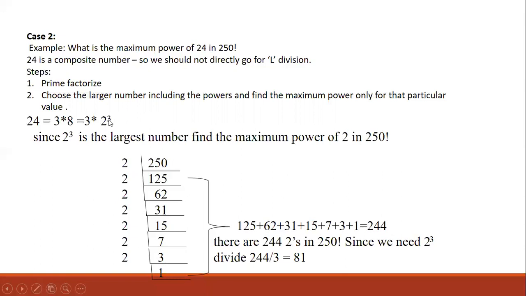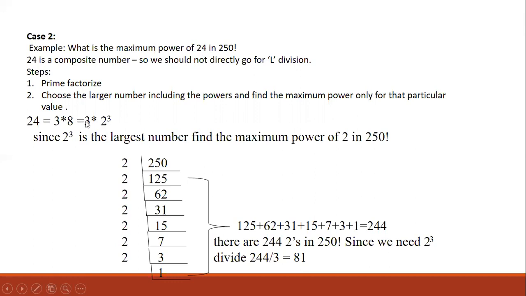So 3 2's will combine together and give 8. We need to divide the number of 2's by 3 to get the number of 8's. 244 divided by 3 gives 81. So the maximum power of 24 in 250 factorial will be 81.